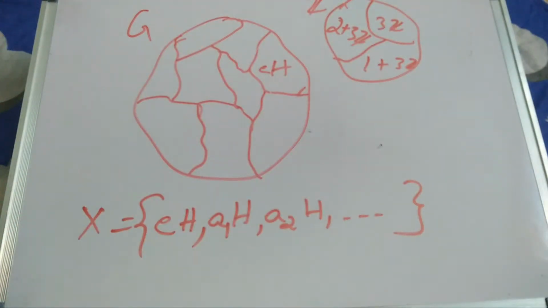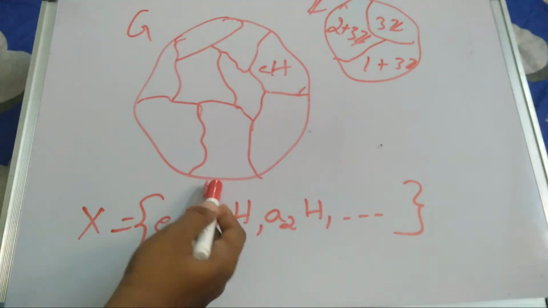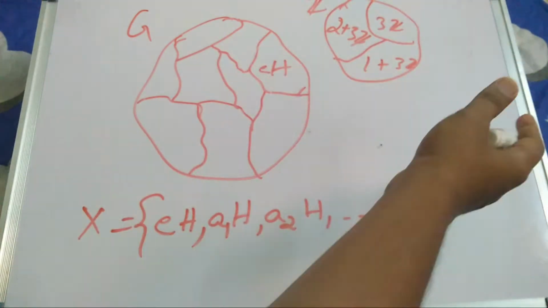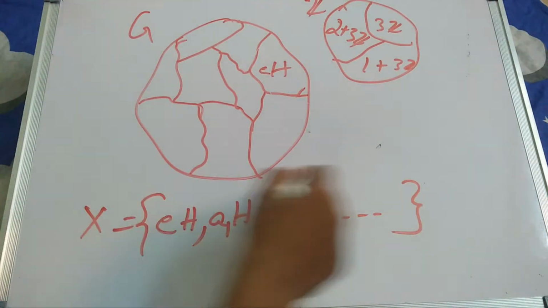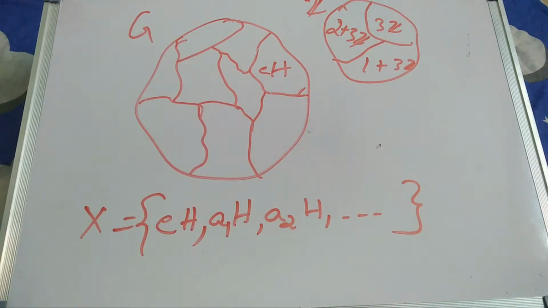Our ultimate aim is to define a homomorphism by considering each one of these as elements. But the problem is, to say this will be a homomorphism to some other group, this X must be a group. So there must be a binary operation defined on it, and with respect to that binary operation, we need to show that it forms a group.